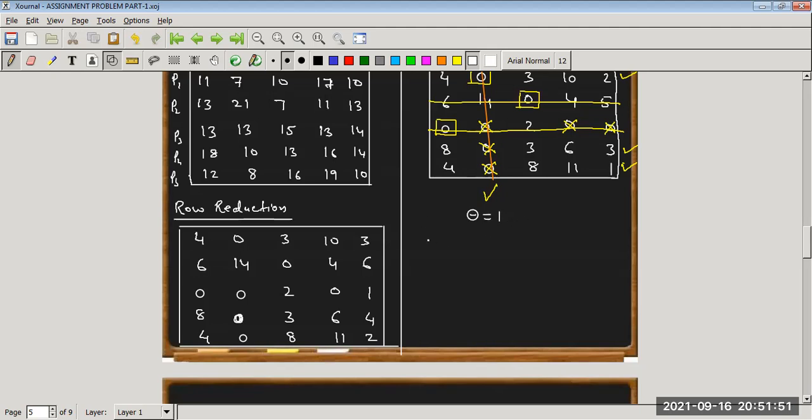Now update the matrix. Update the cost matrix. How can we update? Cij is equal to Cij minus theta if no line is passing through it.